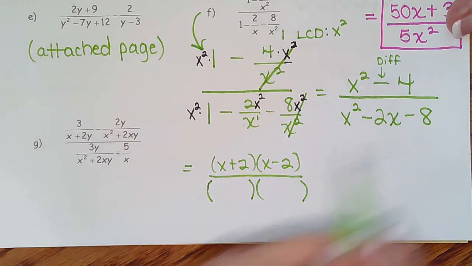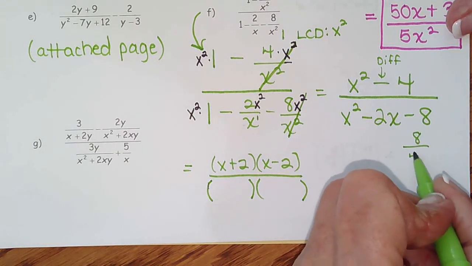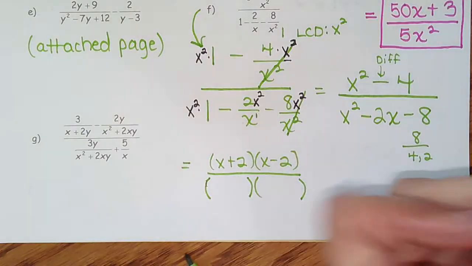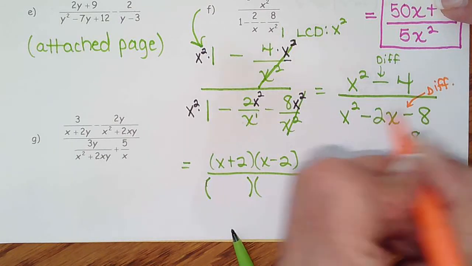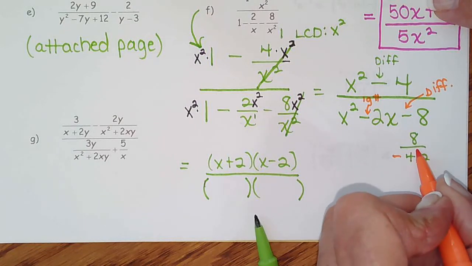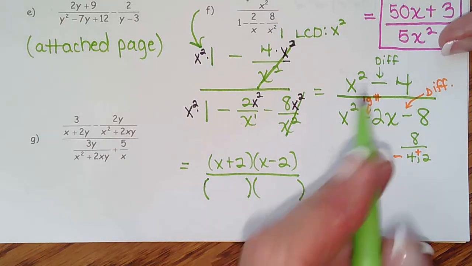So we're looking for factors of 8 that subtract to 2, which would be 4 and 2. This says the signs are different. And this says make the larger negative. So 4 is negative. So let's see what that looks like.